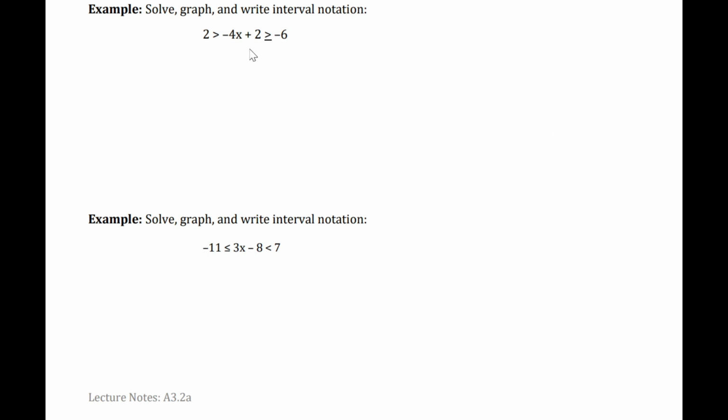So we'll get rid of the 2 by subtracting 2 from all of the 3 parts of the inequality. And then we'll divide through by the -4. So we divide each of the 3 by -4.